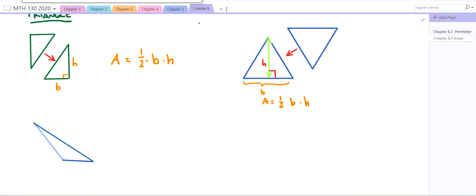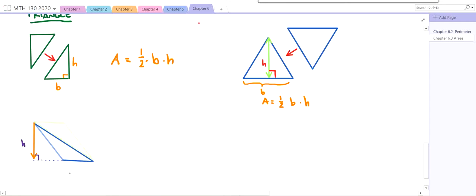So I've got this really light, and what we need to do now is find the height, or the perpendicular distance from the base here. So we need to find the height here, and we use this as our base still.